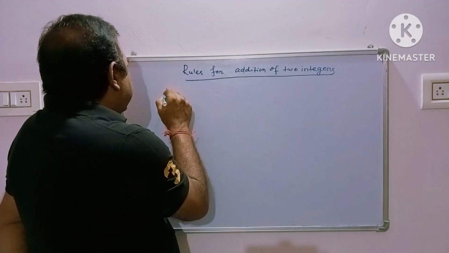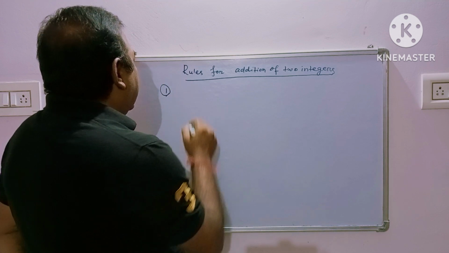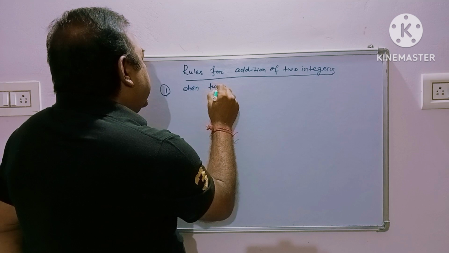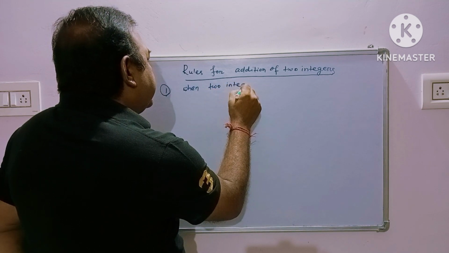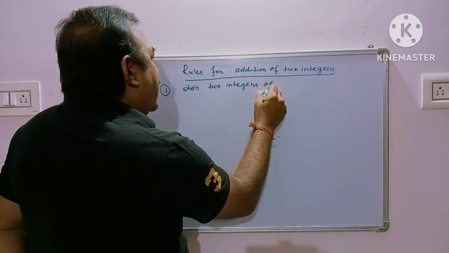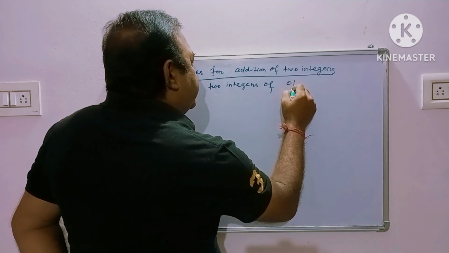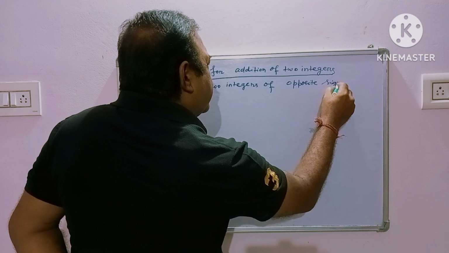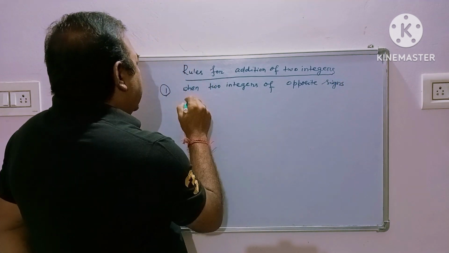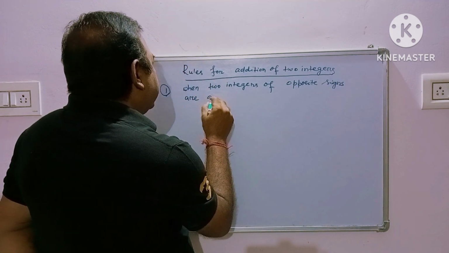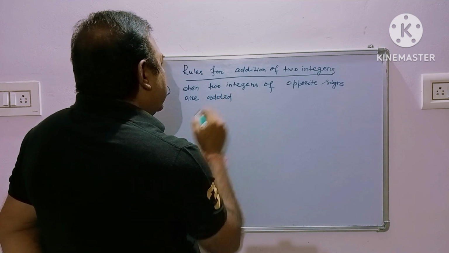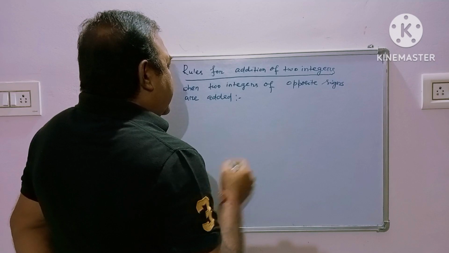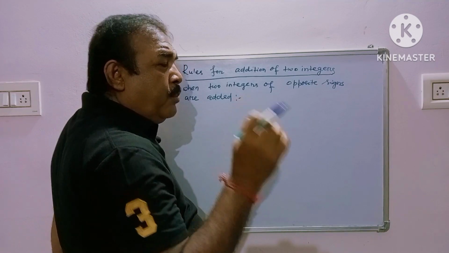So first point, you see, when two integers of opposite signs are added, what will you do? Now first you take the numerical difference.